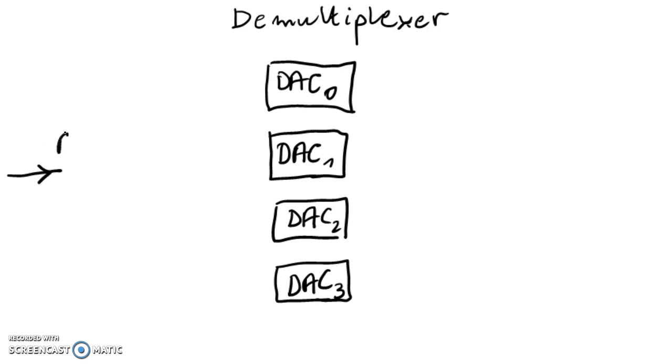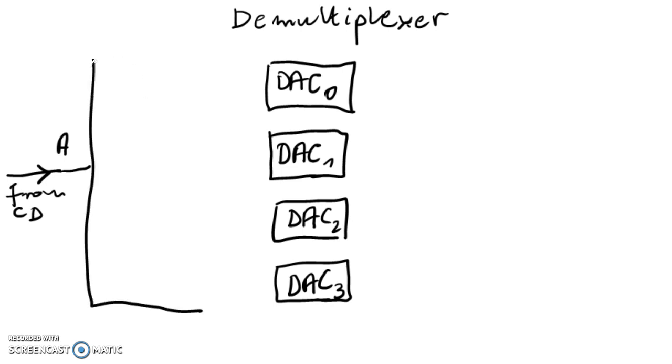This is the audio signal A from a single source, from a CD, let's say. And you are listening, and during listening you'd like to change the DAC to hear the differences in the audio signal. And of course you must have select lines to select one of 4, and 2 lines are enough.